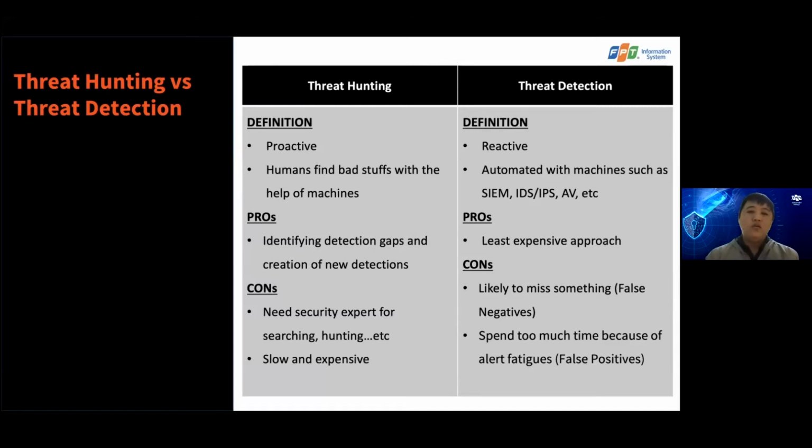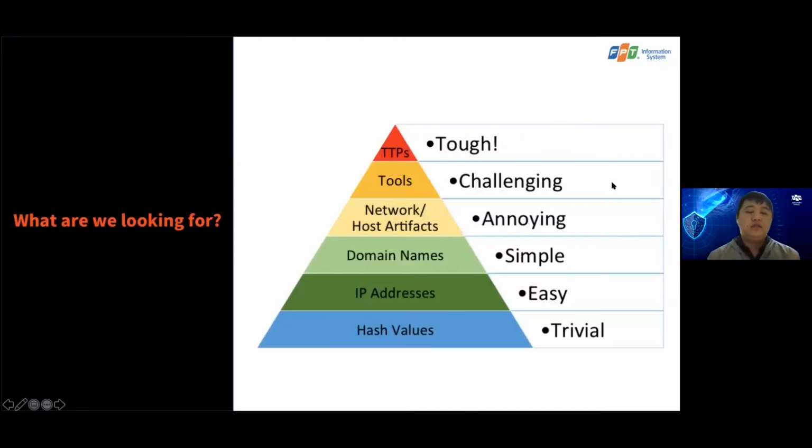In threat hunting and threat detection, in the last 3 years, we already know so much thanks to MITRE. We know so much about TTPs, tactics, techniques, and procedures. Like threat detection, threat hunting is also looking for the traces of campaigns.